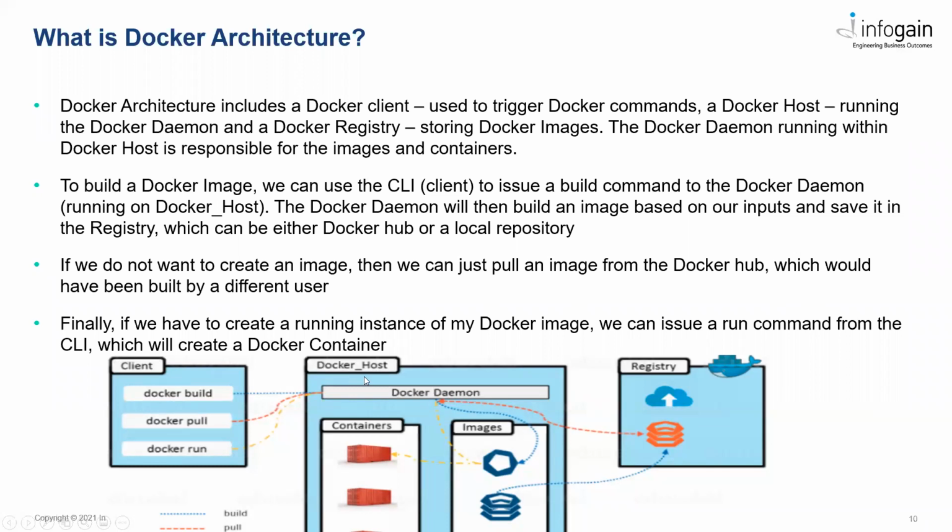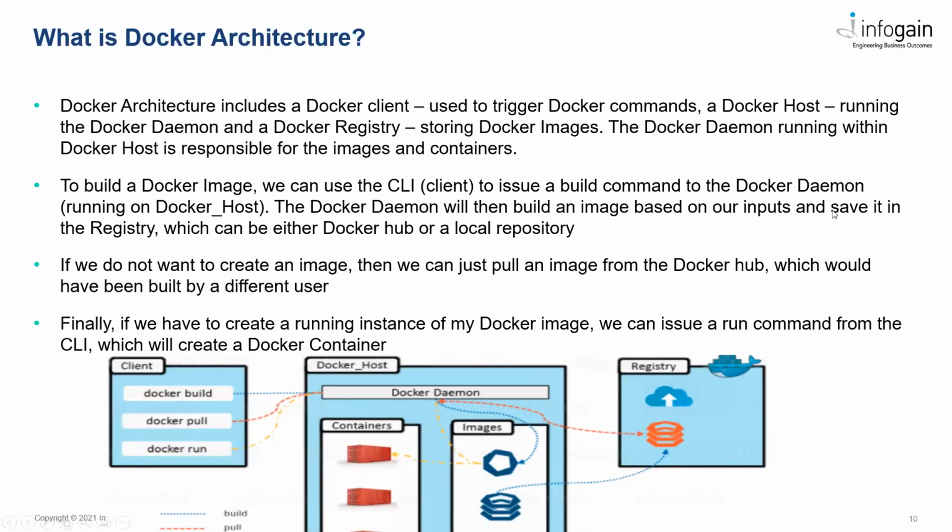The other machine, which you all have talked about so far as a VM, which we required to install Docker, I consider as the Docker host. In that VM, we have a Docker daemon, which helps me store the images, run the containers, everything. And I have a third cloud-based repository that we call the registry, where I can push and pull my images. I can push my images here, and I can pull here to get them running.